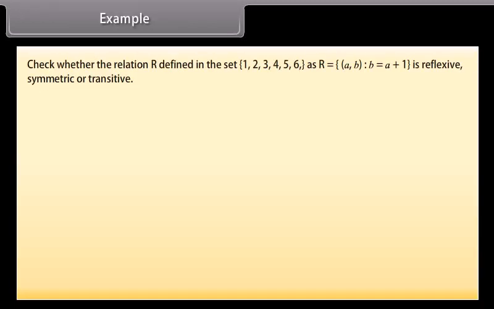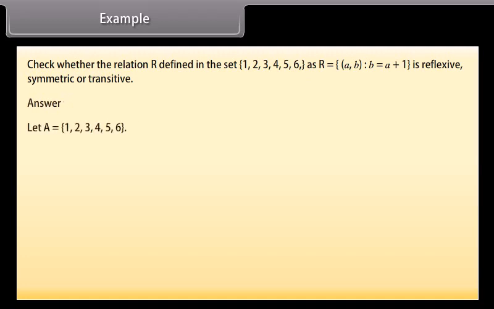Example. Check whether the relation R defined in the set {1, 2, 3, 4, 5, 6} as R = {(a, b) such that b = a + 1} is reflexive, symmetric, or transitive. Answer.